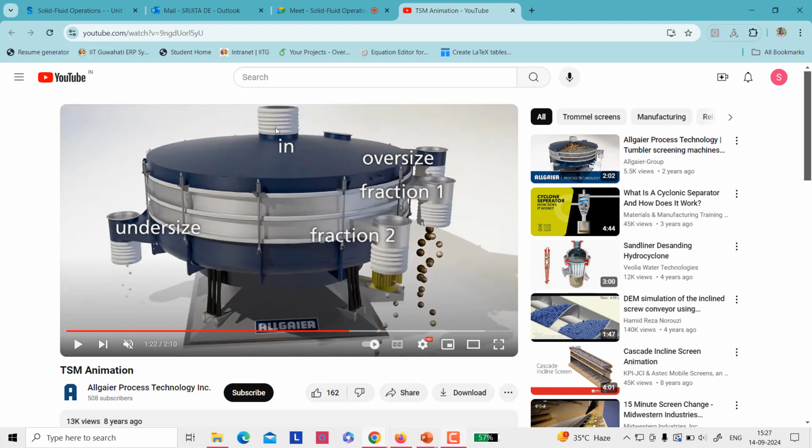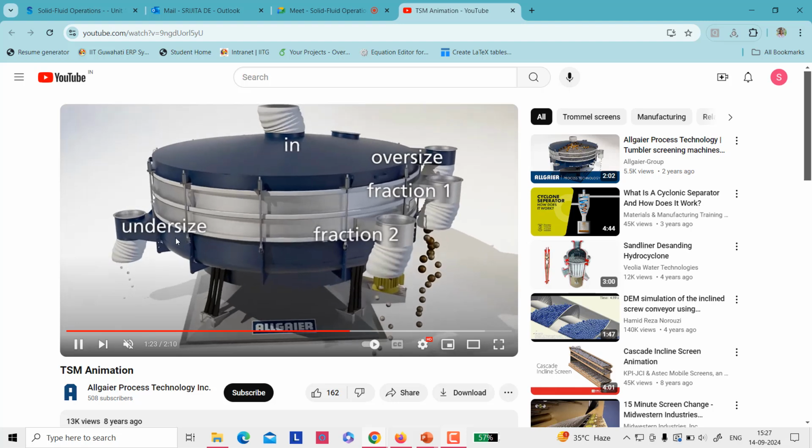This is the feed coming from here. This is the oversized particles. This is fraction 1, fraction 2, and different sizes of oversized particles. And the fine particles are separated, which is called the undersize.